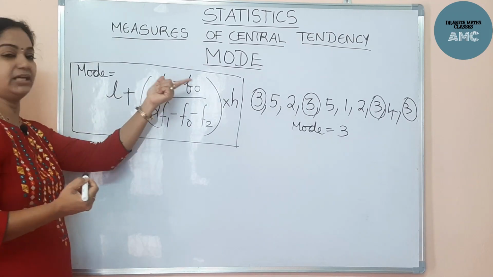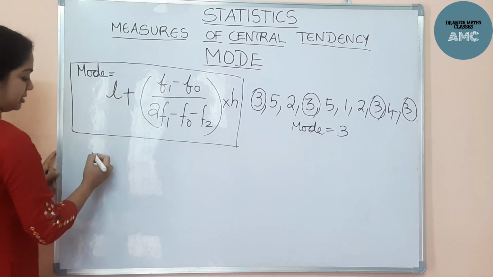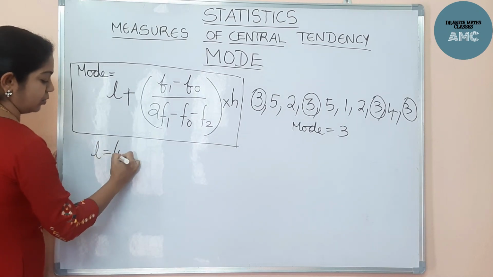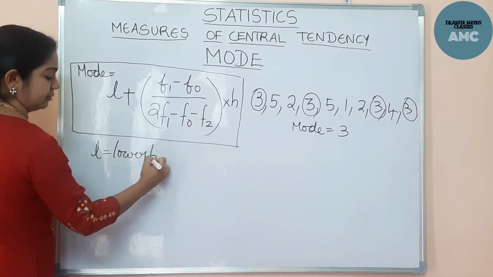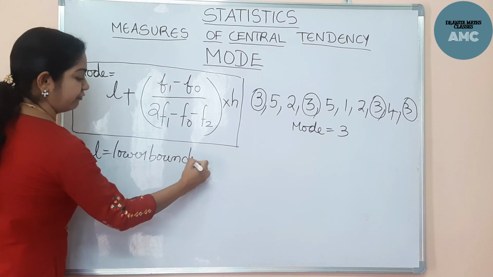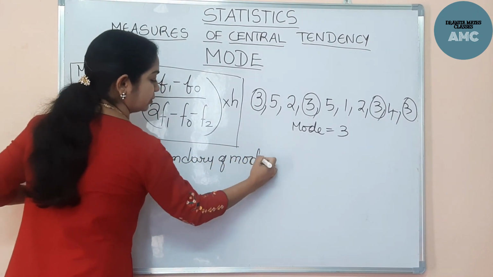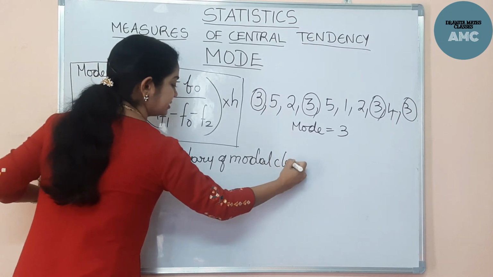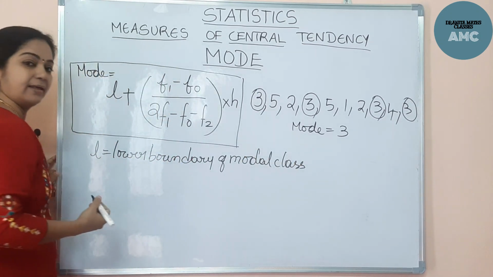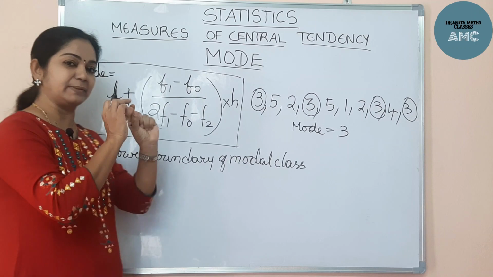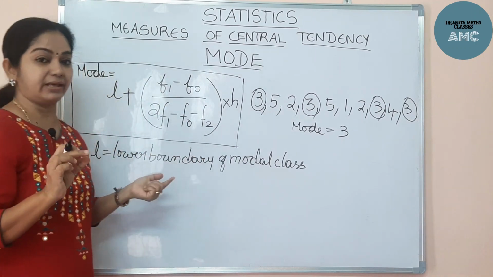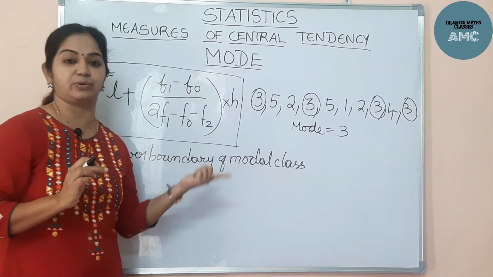Now, I will be explaining each and every term here. L here is the lower boundary of the modal class. Now, what is the modal class? The modal class is that particular interval wherein we get the highest frequency.